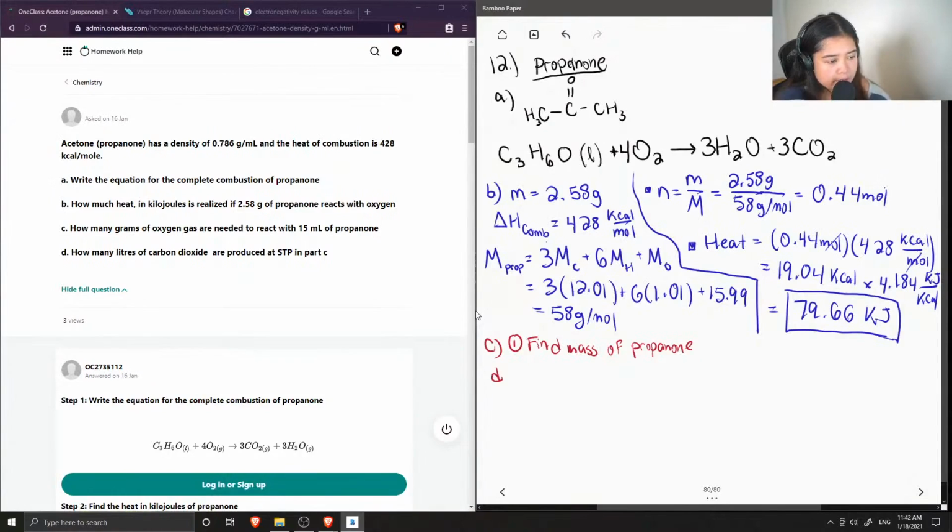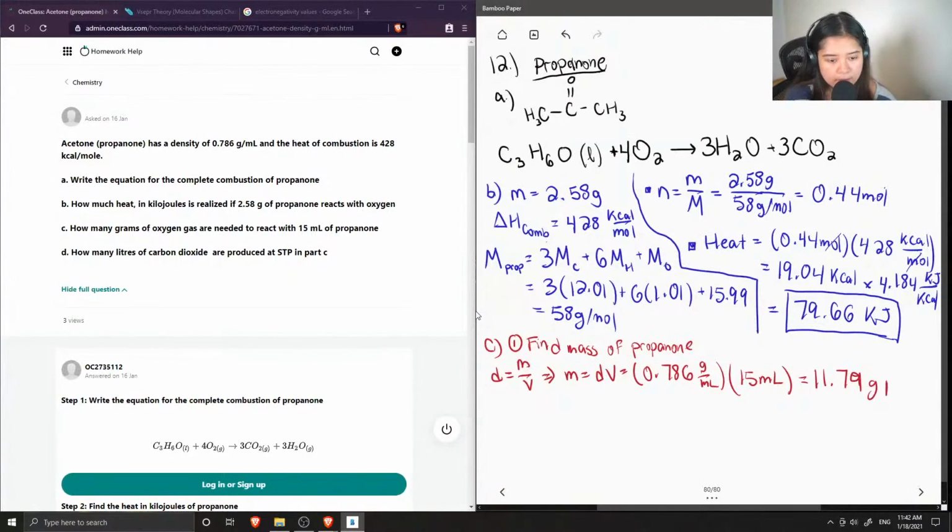If we recall that density is equal to mass over volume, then we can rearrange this equation to solve for mass, which is density times volume. The density was 0.786 grams per milliliter, and the volume was 15 milliliters. So this gives us a mass of 11.79 grams of propanone.